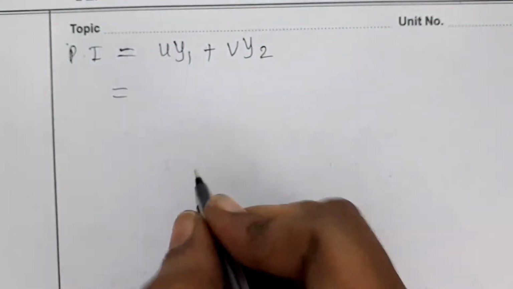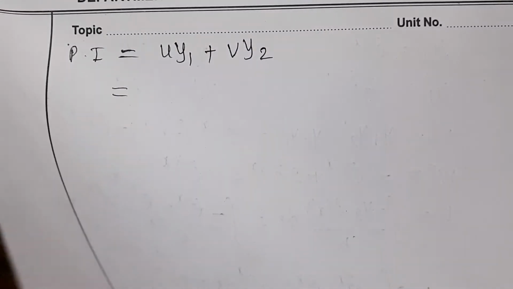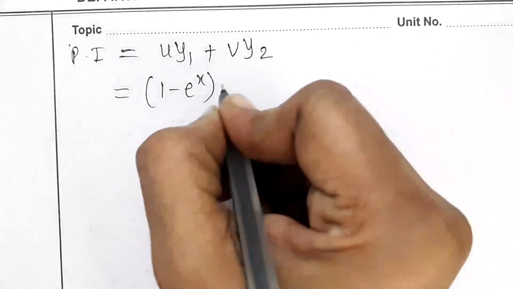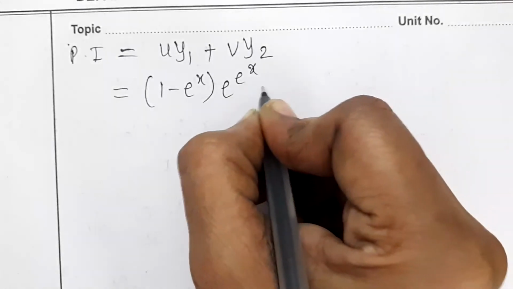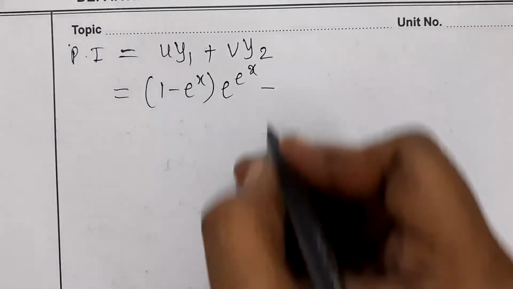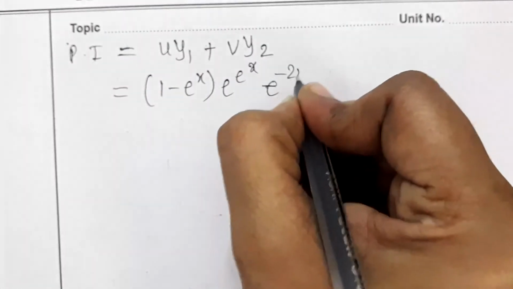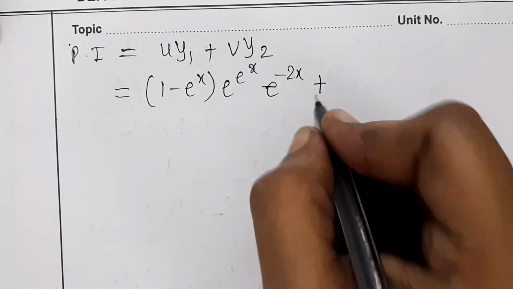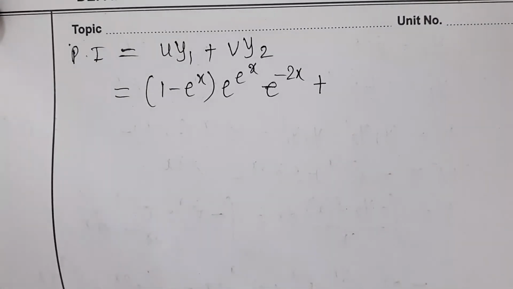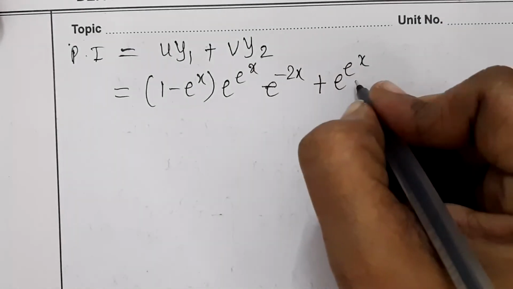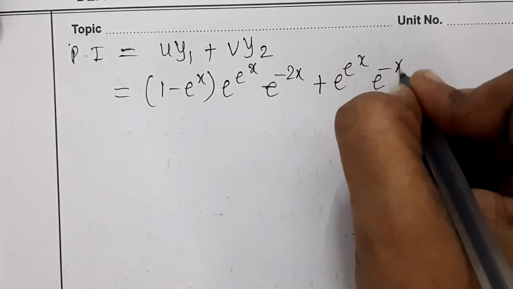The u value we obtained is 1 minus e to the power x, multiplied by e to the power x multiplied by y1. y1 is e to the power minus 2x, plus v is e to the power x multiplied by y2. y2 is e to the power minus x.